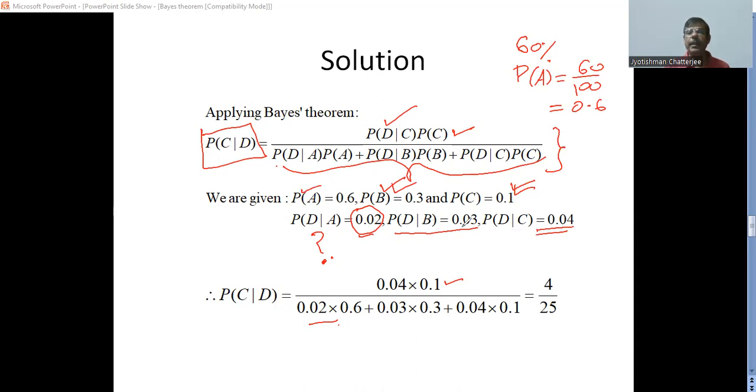Probability of D given B is 0.03, this one, and probability of B is 0.3, this one. P of D given C is 0.04 and probability of C is 0.1. After evaluation or simplification, you get 4 by 25.